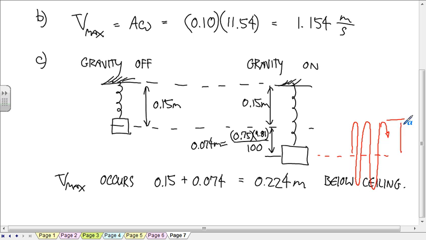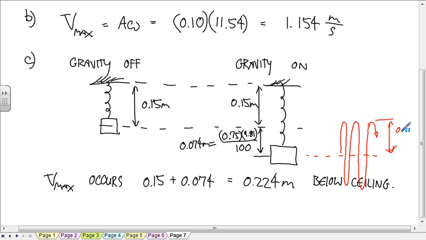So this distance is 0.1 meters, and this distance is 0.1 meters.